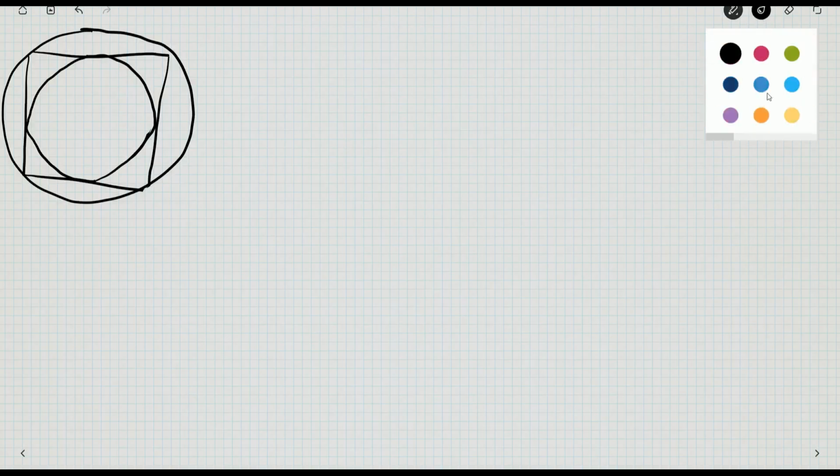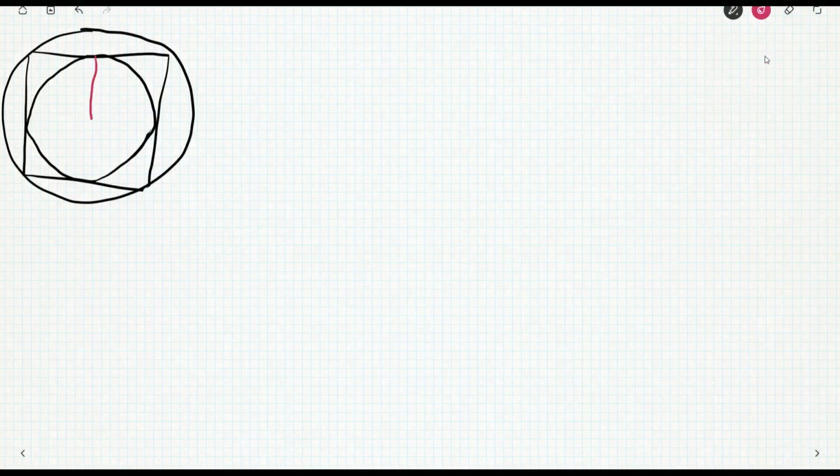So we'll get red out here, and we'll connect up these points of tangency. They all meet at the center of the circle, and they all give right angles to the line that is tangent to the circle.